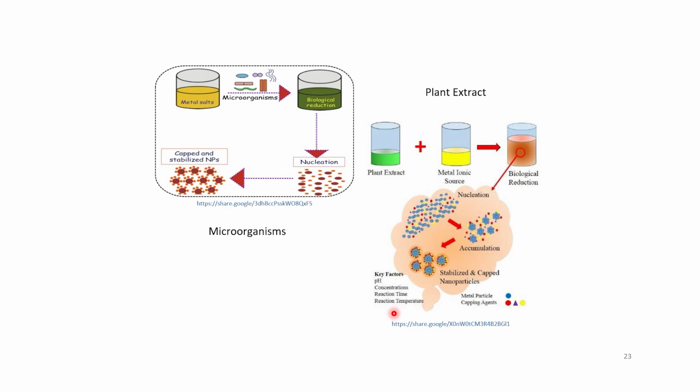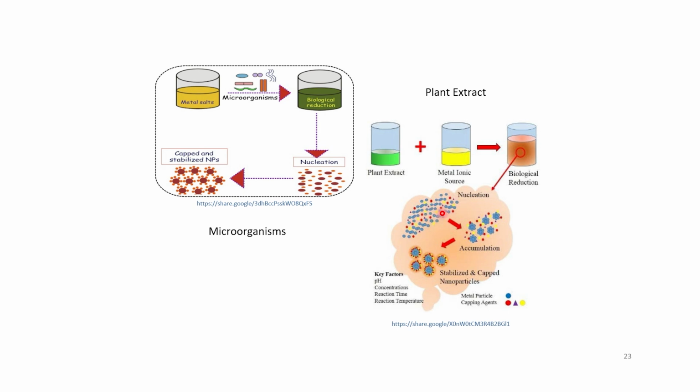So it also depends on these factors, and you obtain your desired nanoparticle. In the picture, the blue part is the metal particle, and red and purple are the capping agents.